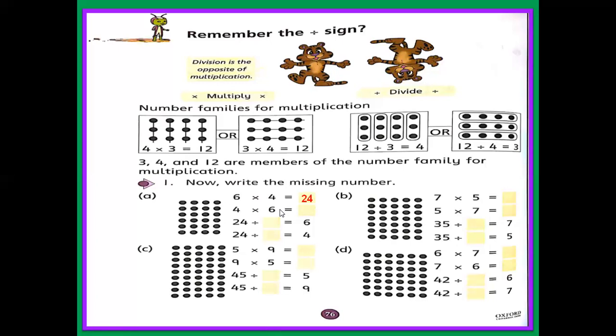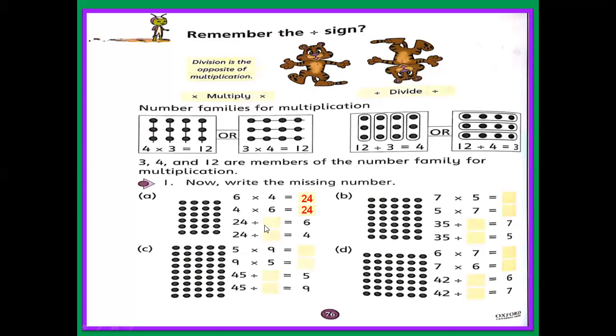Now read the table of 6. 6 ones are 6, 6 twos are 12, 6 threes are 18, 6 fours are 24. Again the answer is the same. Here we are applying the rules of the commutative property. It means we change the order: 6 into 4 is 24, 4 into 6 is 24.